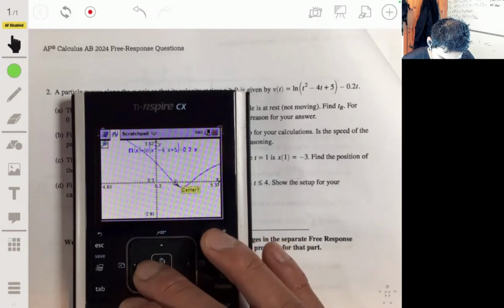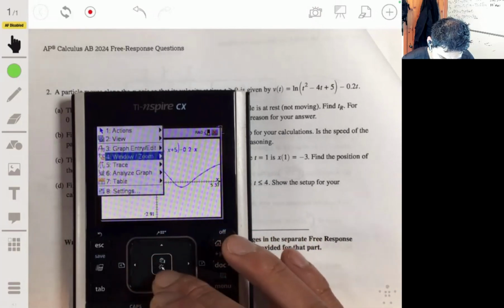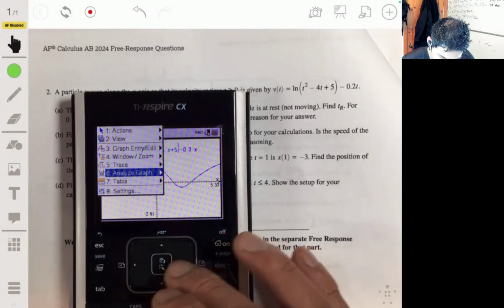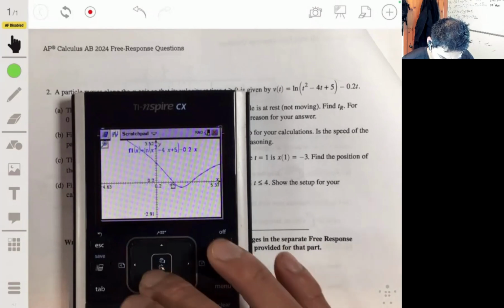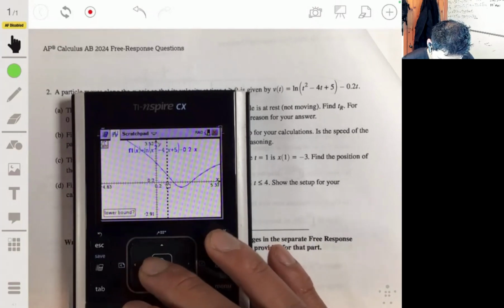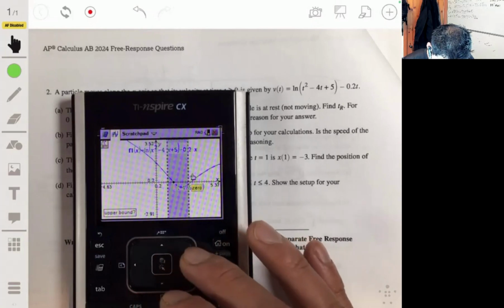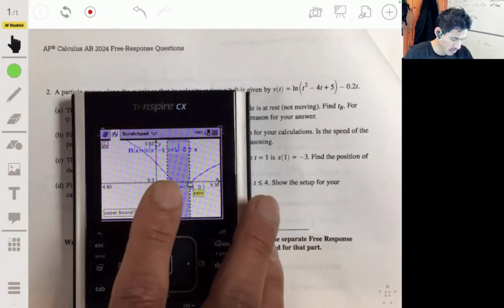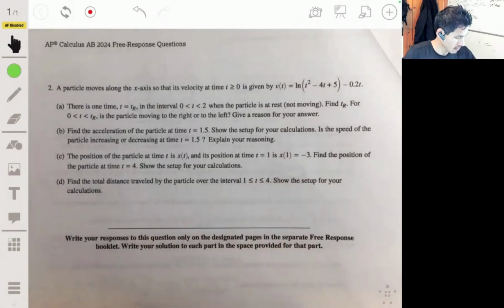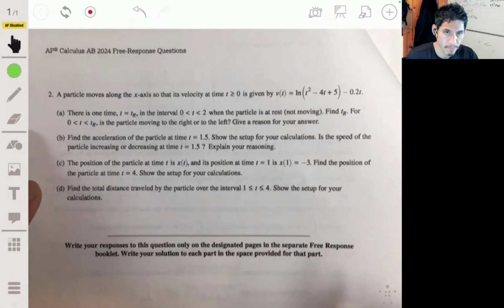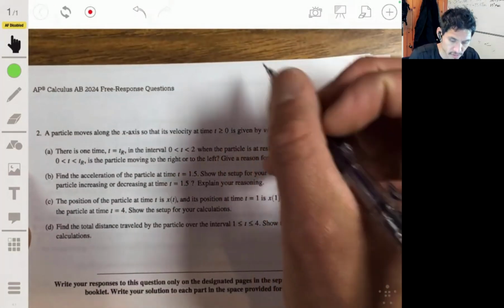All right, so let's analyze. So we have a 0 at 1.4256. Let's try a little sketch here, actually. Or I guess I can draw it up here.